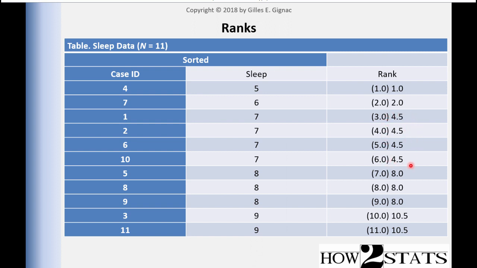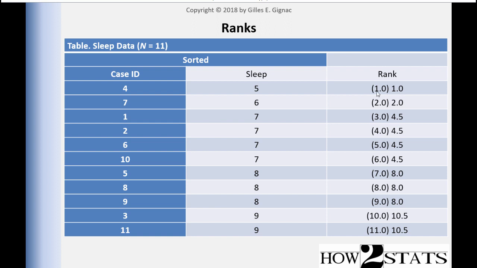They have a rank of 4.5. And then these people got a rank of 8 because that's the average of 7 plus 8 plus 9 divided by 3. And then these people got a rank of 10.5 because they reported 9, which is equal. 10 plus 11 divided by 2 is 10.5. And so in these data, we have a rank from as low as 1 to as high as 10.5.